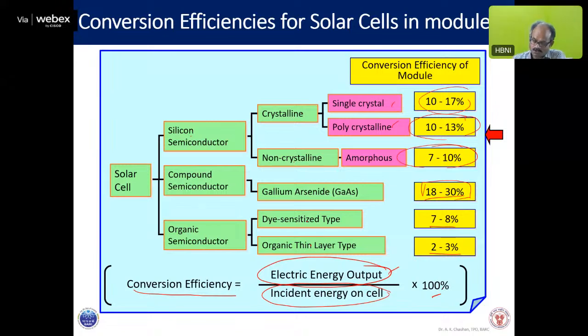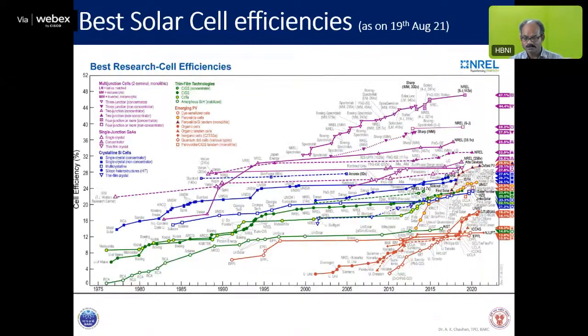If the sun is at 45 degrees with no dust and no cloud, everything perfect, you get about 100 milliwatt per square centimeter of incident energy on the solar cell. This chart is slightly maybe 2 years old for the efficiencies.